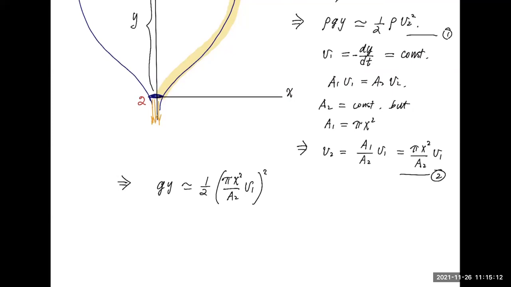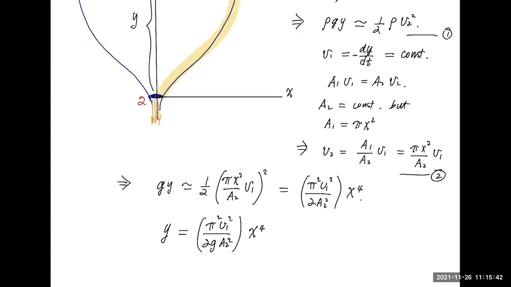That tells me how x and y are related. I can work this out. Then I find this to be equal to pi squared v1 squared over A2 squared, just factoring everything out, and then x to the power 4. So therefore, I want y to be equal to pi squared v1 squared over g A2 squared, this whole constant, times x to the power 4.